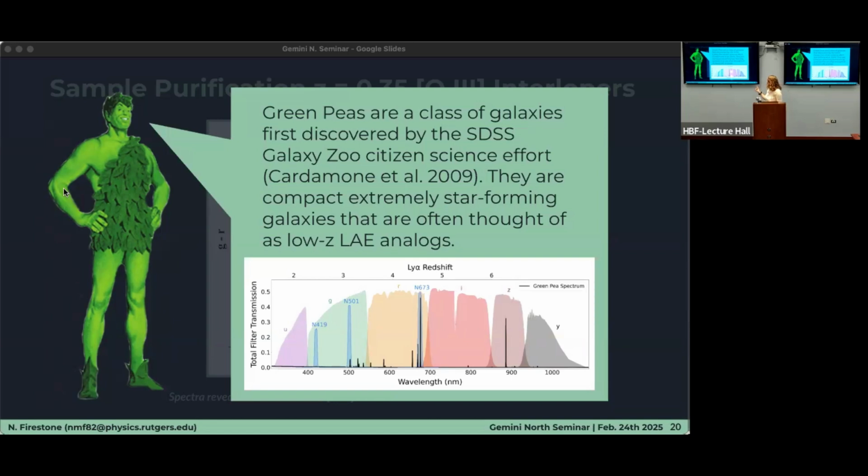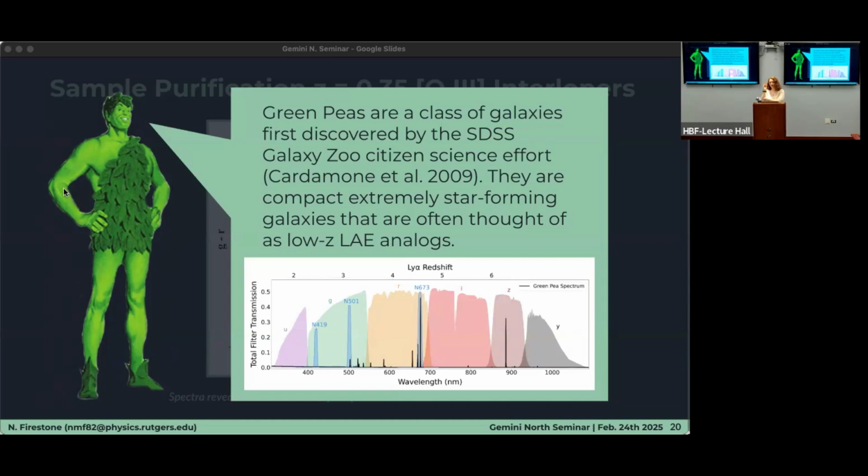If you look closely here, in the N673 filter, we end up with either one or two O3 emission lines when we have a green pea. And in our N501 filter, we end up with O2. By setting up the filters in such a way, it allows us to have a cross check for what we would expect to see in N501 when we think we might have an interloper in our high redshift sample.